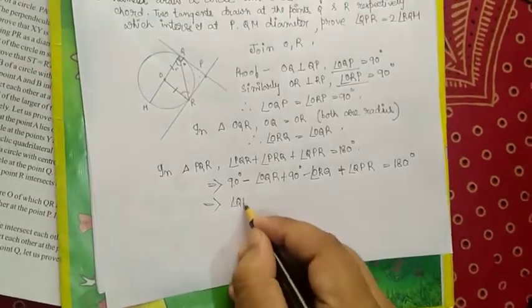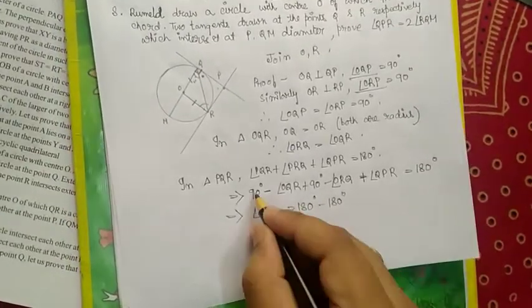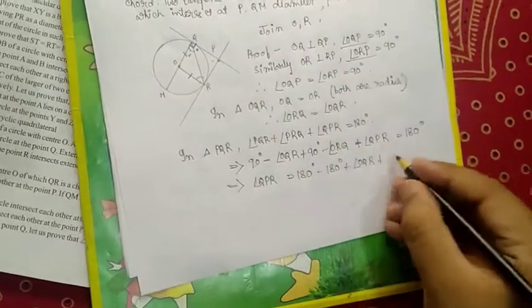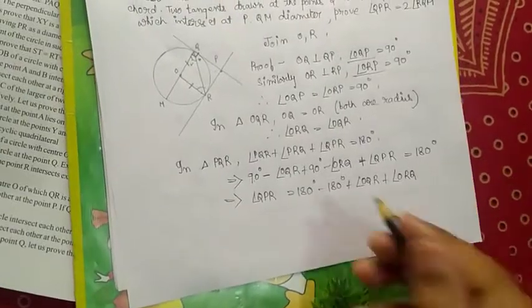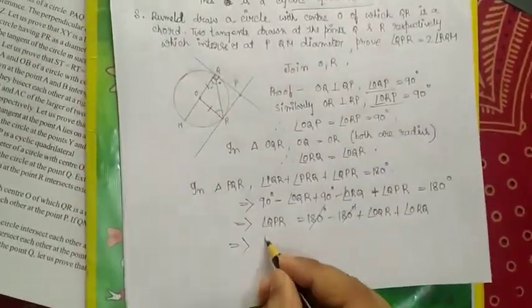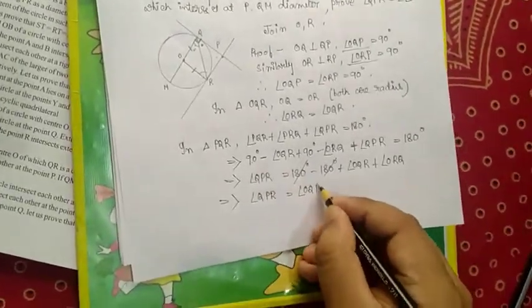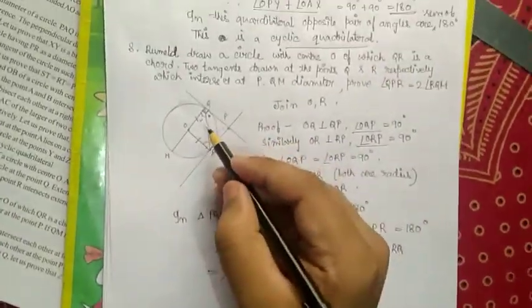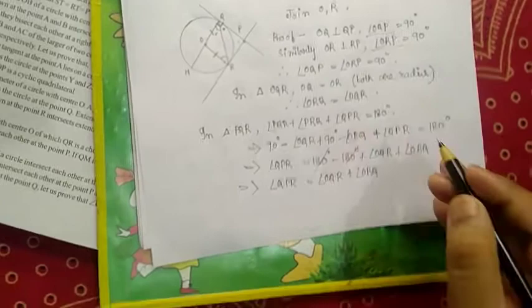So 90 degrees plus 90 degrees equals 180 degrees. Angle QPR equals 180 degrees minus 180 degrees, moving from left-hand side to right-hand side, plus angle OQR plus angle ORQ. So we can say that angle QPR equals angle OQR plus angle ORQ. Now previously we know that OQP equals ORP, and ORQ and OQR are both the same.